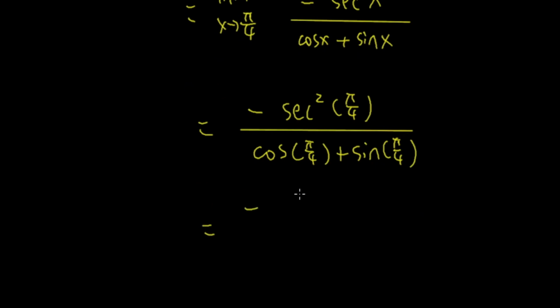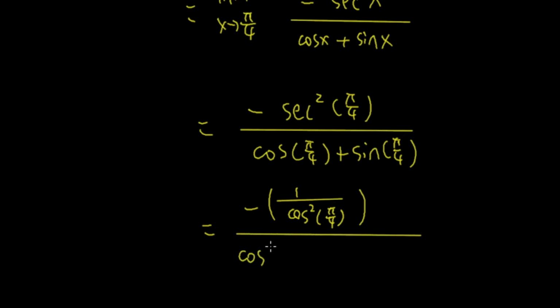Now this is negative 1 over cosine square pi over 4 divided by cosine pi over 4 plus sine pi over 4.